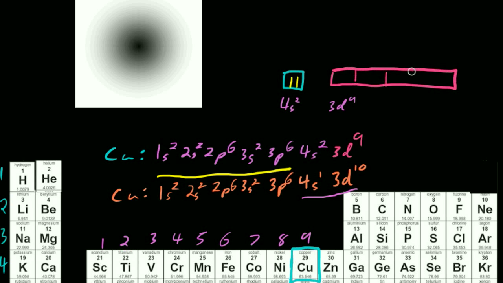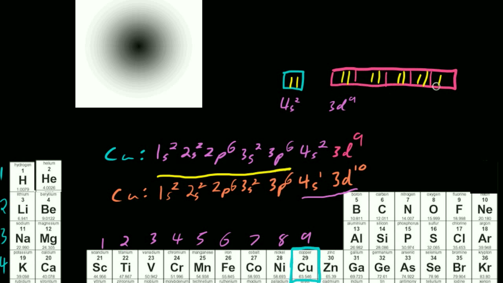So we have 1, 2, 3, 4, 5. And if this was our configuration, remember we're following Hund's rule, that's H-U-N-D, which pretty much says that we fill 1 electron into each of these orbitals first. So we fill up all the orbitals, and then we start putting in the second electron into each orbital. So we would put in 1 there, 1 there, 1 there, and 1 there, and now we've got 9 electrons in our D orbitals.